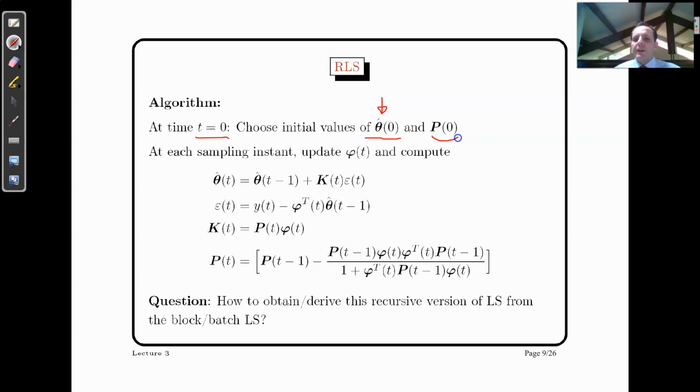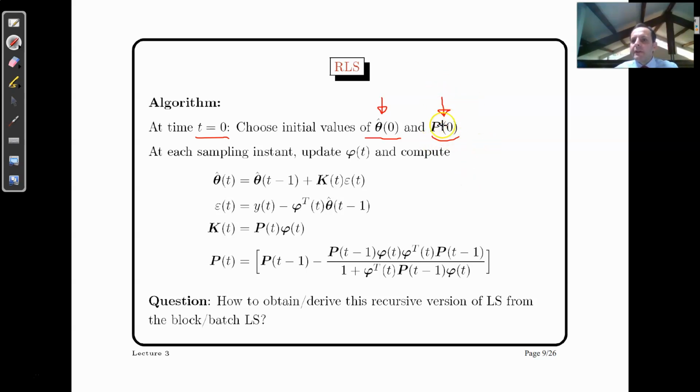And P0 is a matrix which, if you remember, represents the error of your estimation.